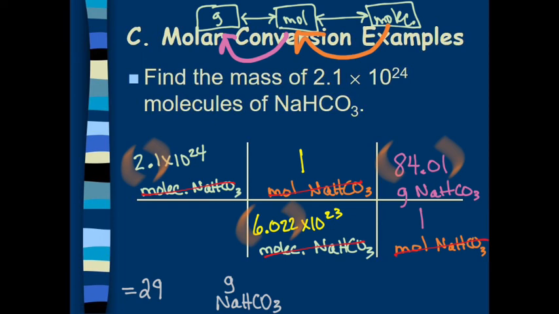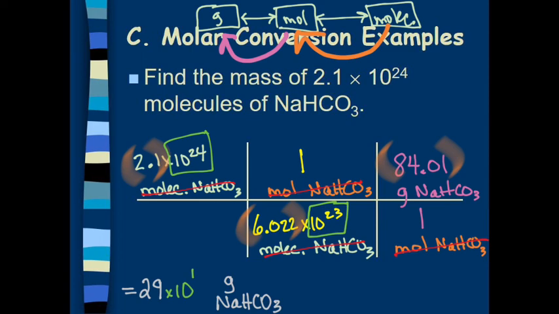Now we have to deal with our exponents. For the exponents, I see that we've got 10 to the 24th divided by 10 to the 23rd. Well, you know from doing our scientific notation, when you divide exponents, you subtract, so that is 24 minus 23, which is 1.